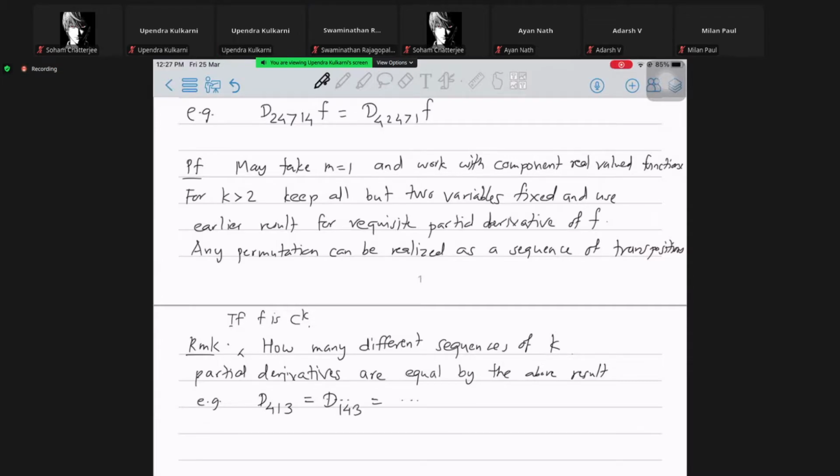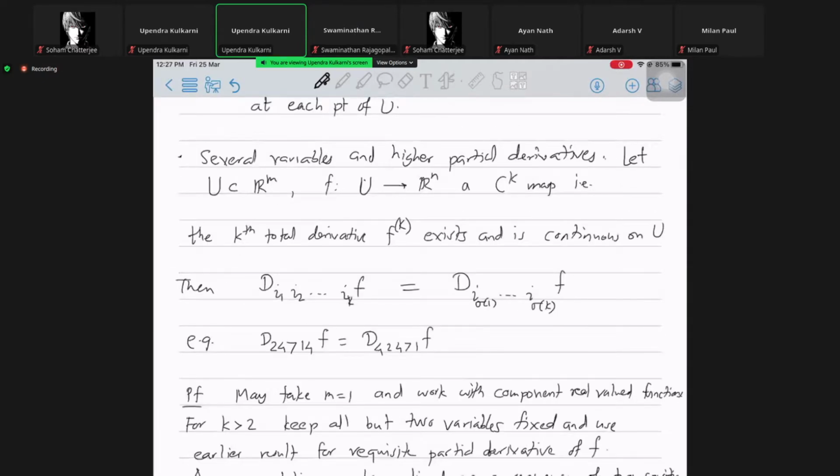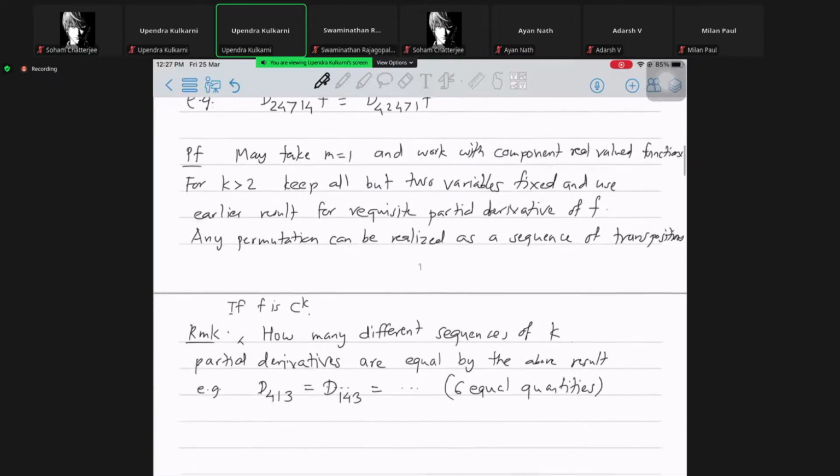So this is 6 equal quantities. So in general, such a thing, i1 up to ik, will it always be k factorial different quantities being equal? No, sir. No, because some of the i's could repeat, right? So this is a simple counting.